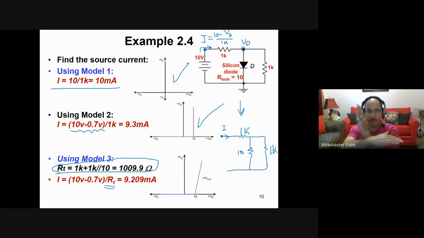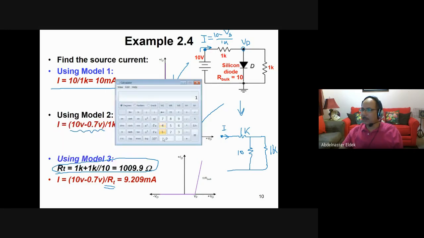If you have two resistors in parallel, then 10 times 1000 over 10 plus 1000. Then the resistance will be like this, 10 times 1000 divided by 10 plus 1000, which is 1010.